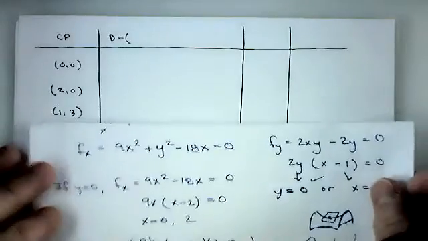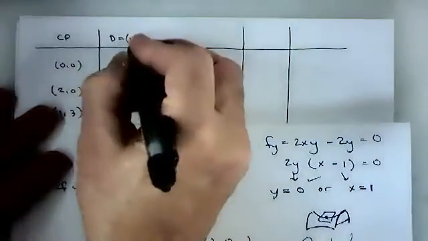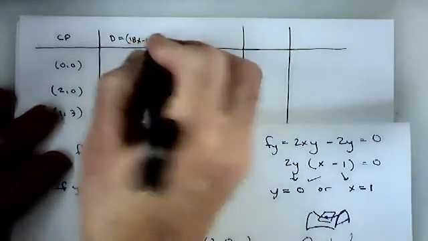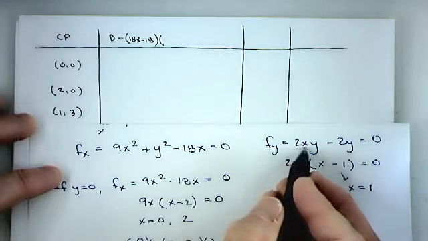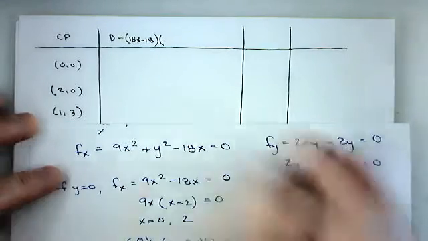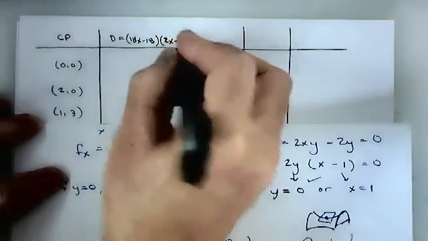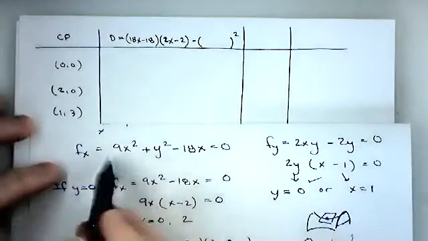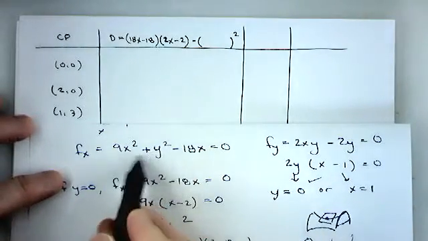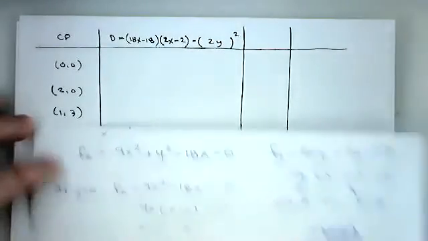Here, I put the bottom here, so 18x minus 18. Good. F sub yy is 2x minus 2. And then we're going to take f sub xy and square it. F sub xy, partial of this with respect to y, looks like it's just 2y squared.